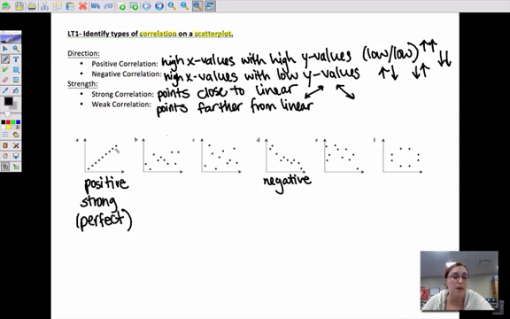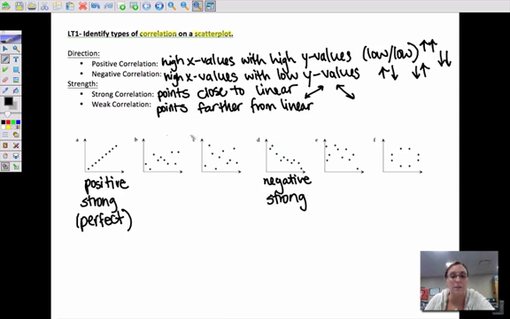This is an extreme, and in most real-world situations you would not see this type of correlation. This one over here that I labeled negative is also strong. It does not have to be perfect for it to be strong. Strong just means that they're pretty close to being linear. So this is a negative correlation because it's going in that direction, and it's strong because the points are close to a line.